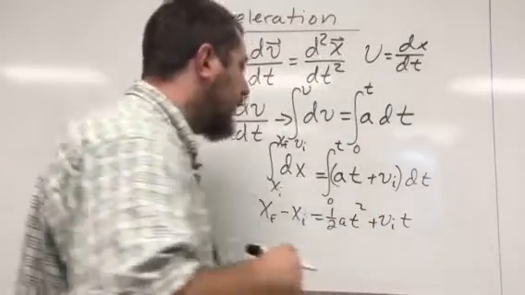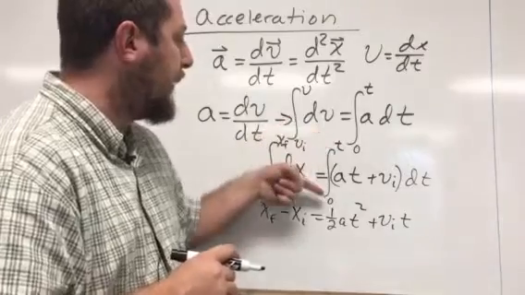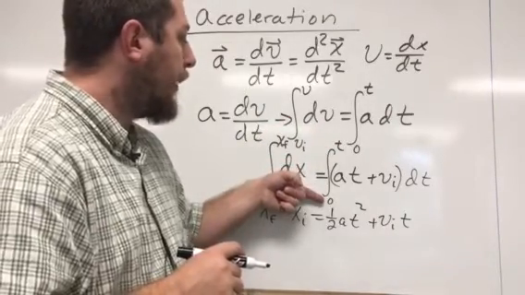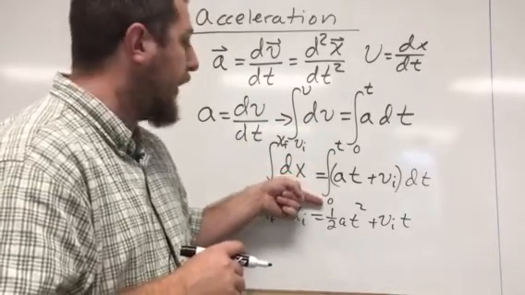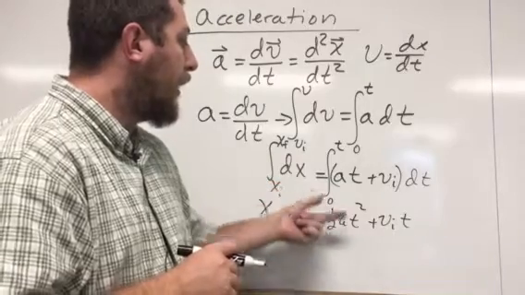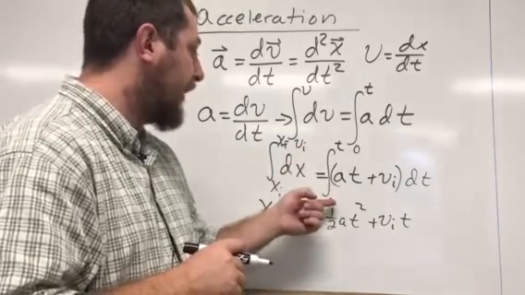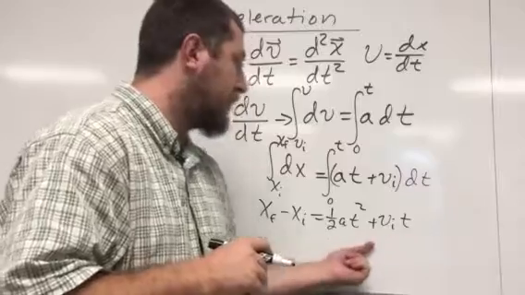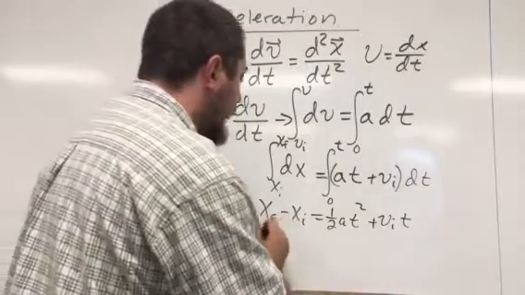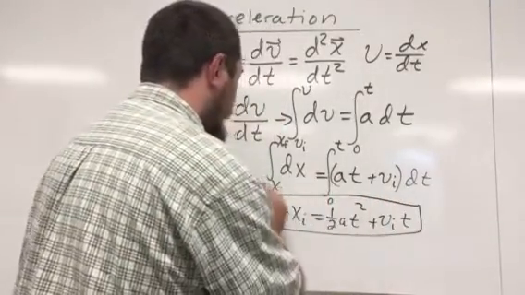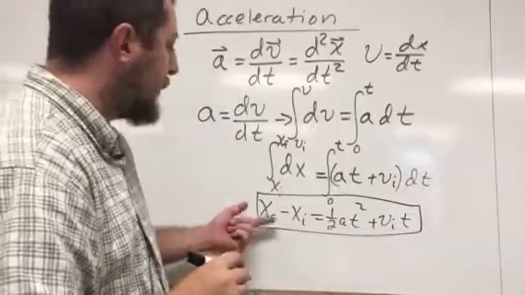I would technically have to evaluate these between t and 0, but because I'm using 0 as my initial time value, all my 0 terms are going to drop out. So this is my final formula for the displacement.